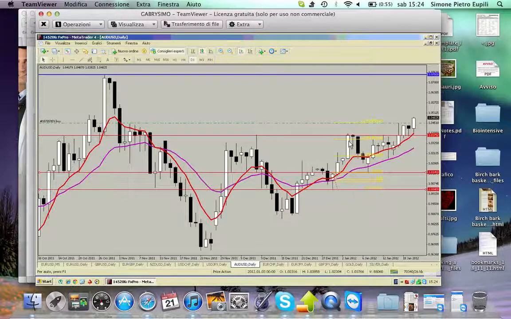Very good trade, where we were going to make double the percent we were going to risk. If you risk 2% on every trade, you were going to make at least 4%, and a little more.